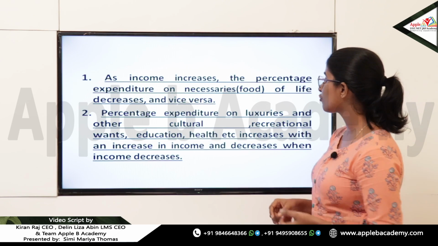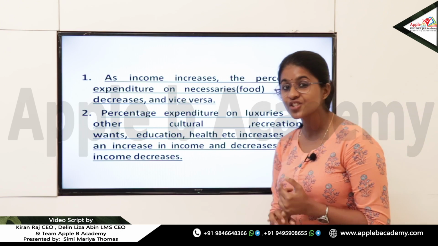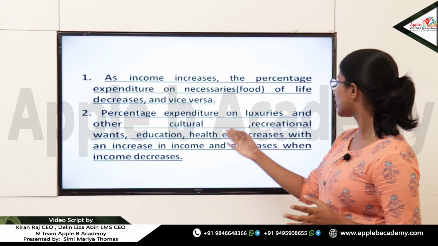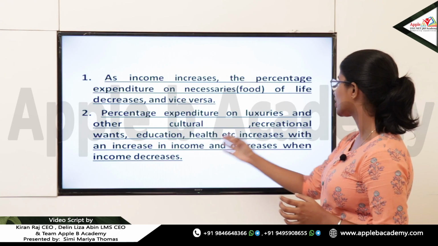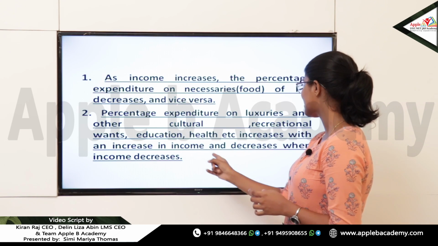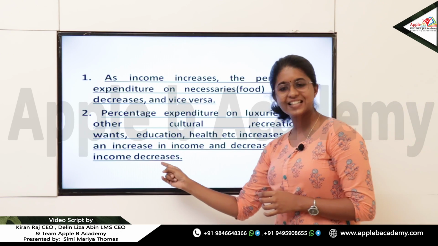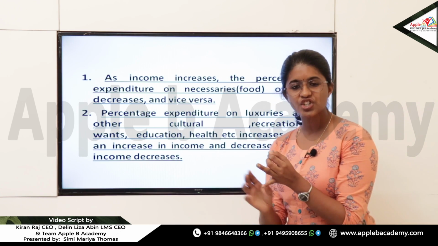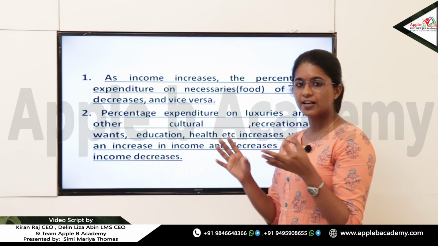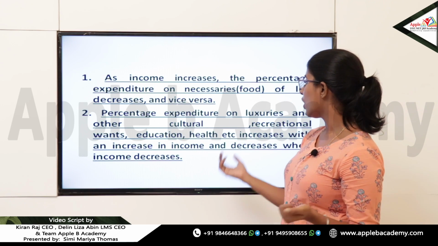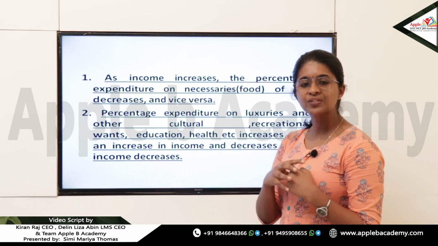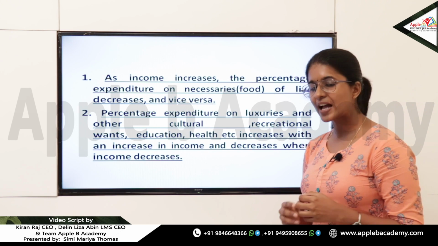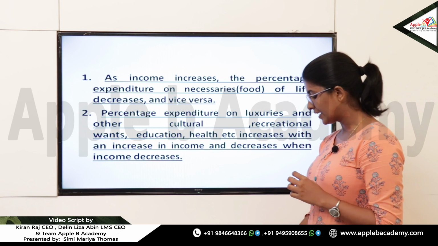The other point was that the percentage expenditure on luxuries, and cultural and recreational items, education, health, etc. increases with increase in income and decreases when income decreases. These are generally normal goods. So the consumption of education, health, cultural and recreational facilities will increase with increased income. That is another conclusion we drew from Engel's law.